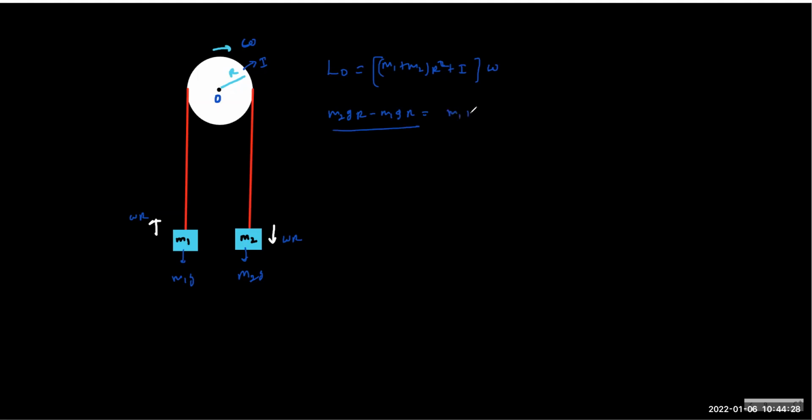And so the answer will be (M1 plus M2) whole into R square plus I into alpha, right? Done. (M2 minus M1) into GR equals (M1 plus M2) into R square plus I into alpha.